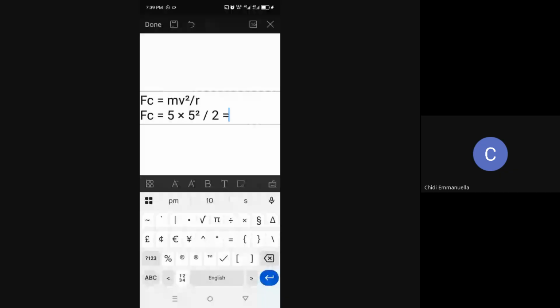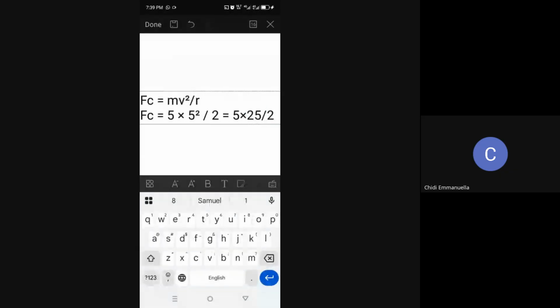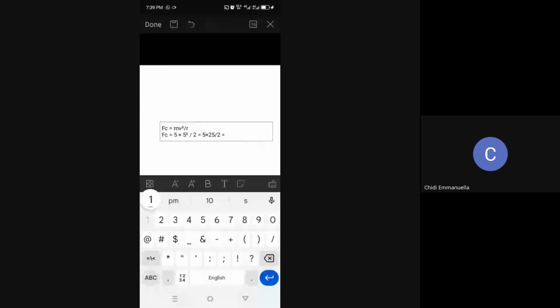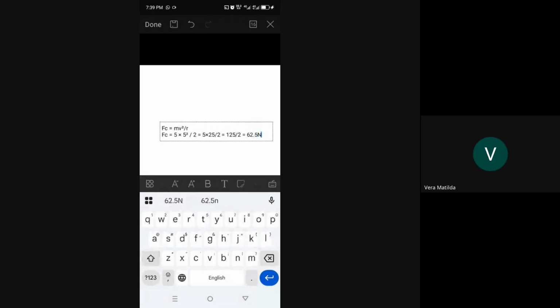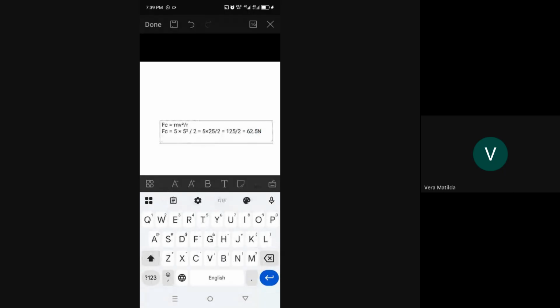That is 5 times 25 divided by 2. 125 divided by 2 will give you 62.5. Am I right? Yes. Okay, 62.5 Newton. That's the second question.